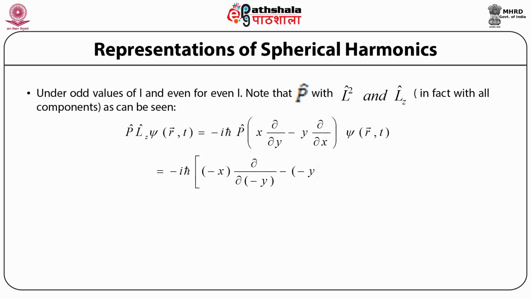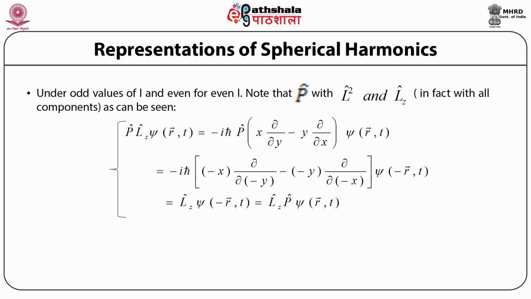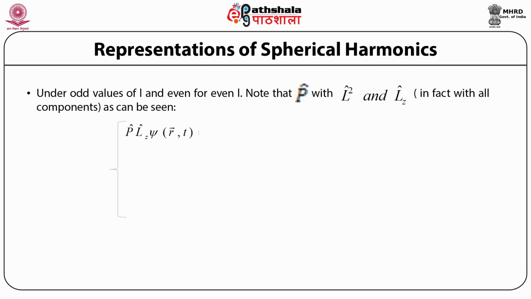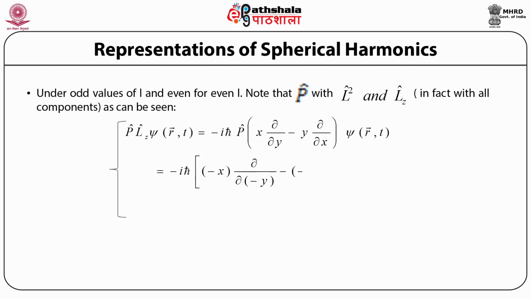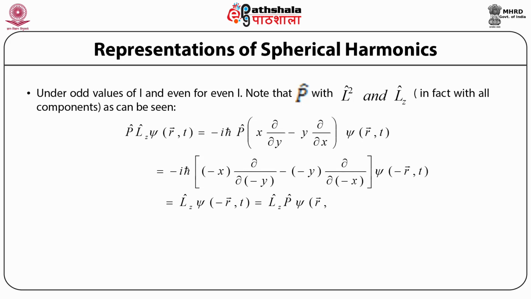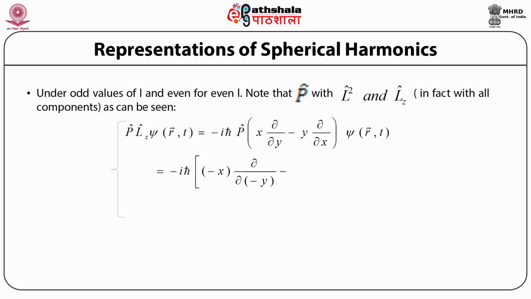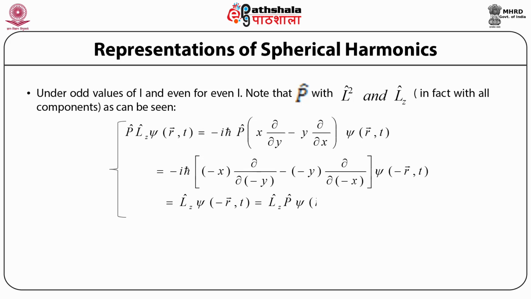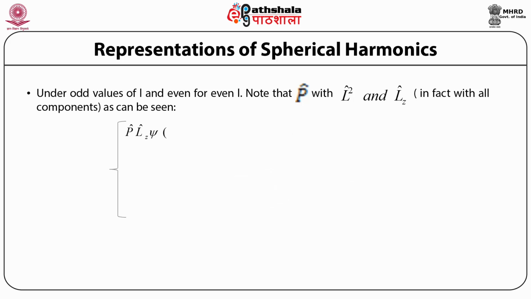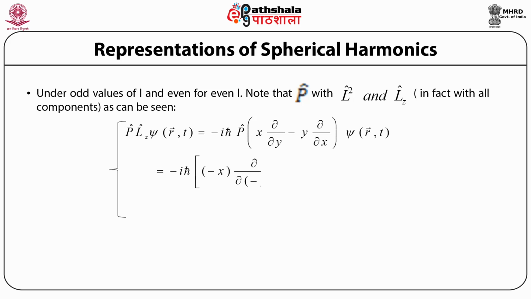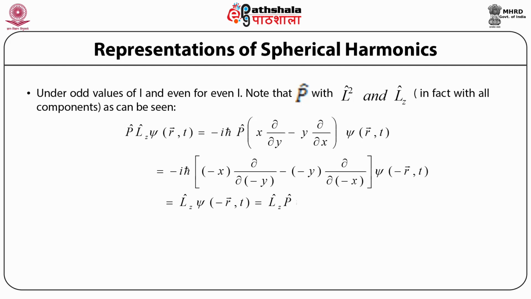This relation turns out to be equal to minus iota h cross, (minus x times del by del of minus y, minus minus y times del by del of minus x), acting on psi(minus r, t).